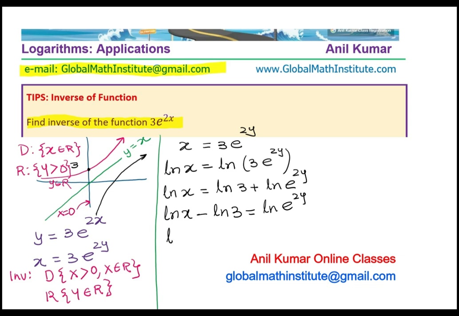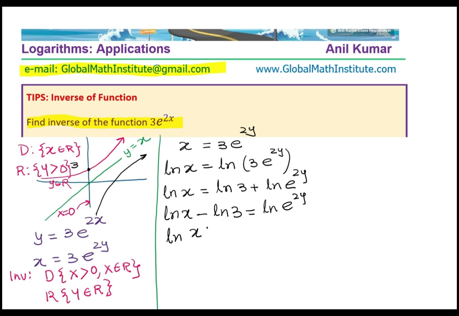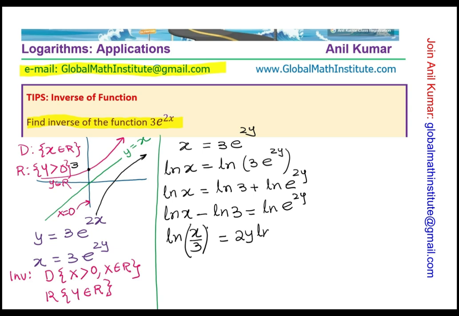So ln x minus ln 3 is ln x over 3. Now, ln e to the power of 2y means 2y times ln e. Ln e is 1, so we get ln x over 3 equals 2y.